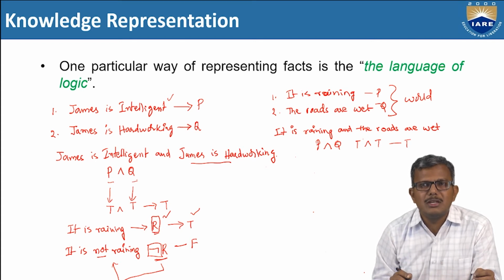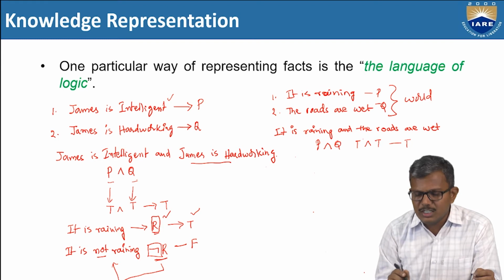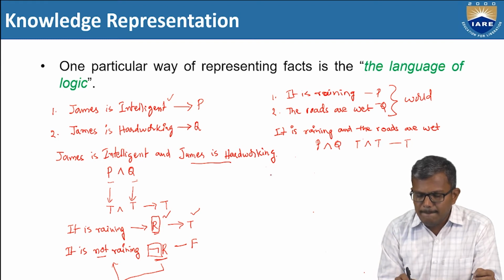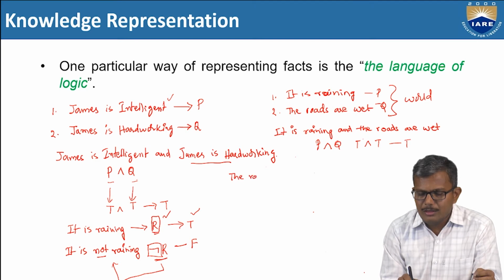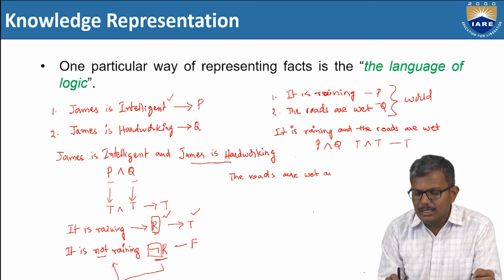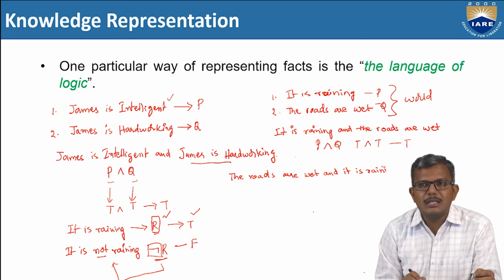Let us do some experiment on this statement. So I am writing like this: the roads are wet and it is raining. In this case, when it is true and true, you can represent it like this also.